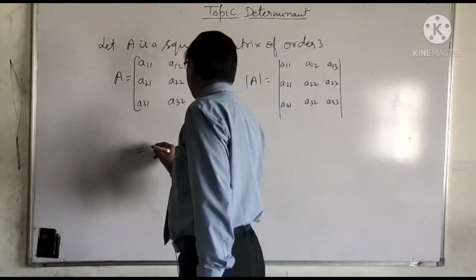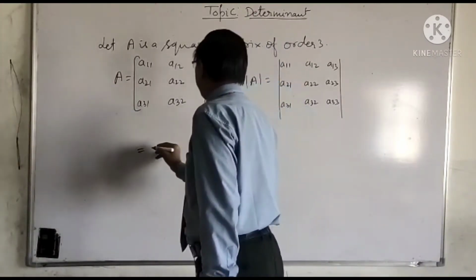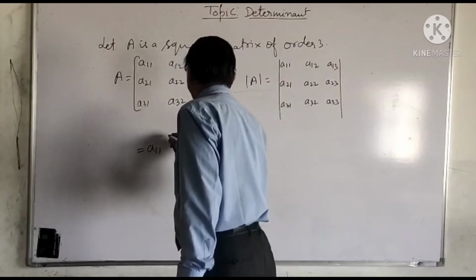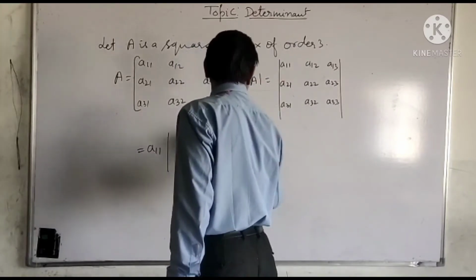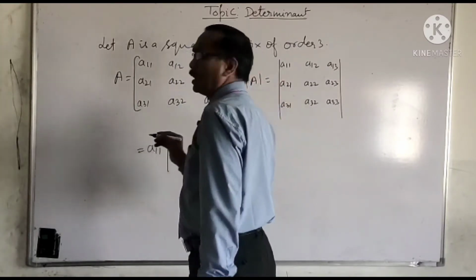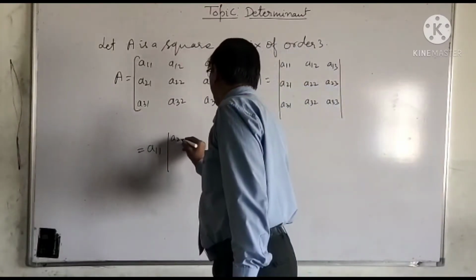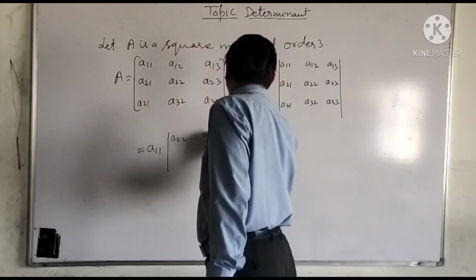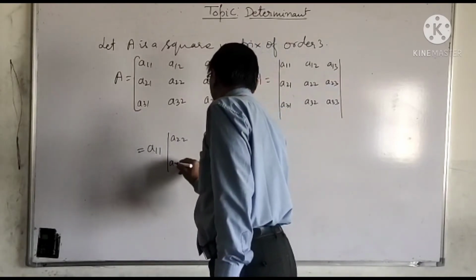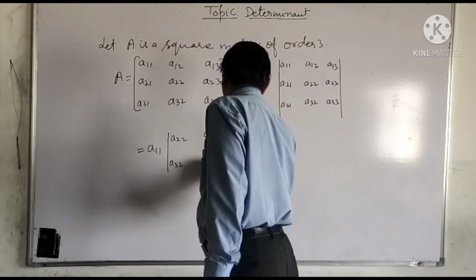Here we will write first element A11, and a determinant of second order A22, A23, A32 and A33.